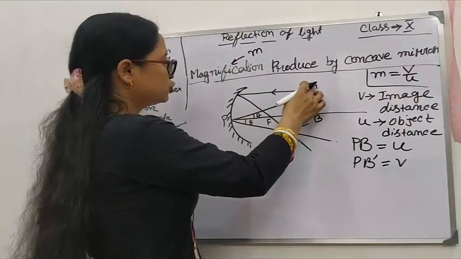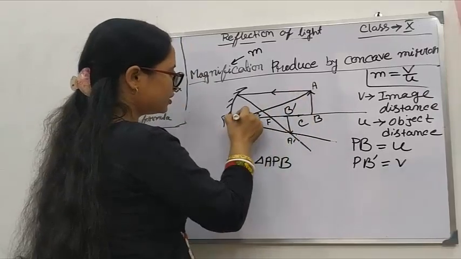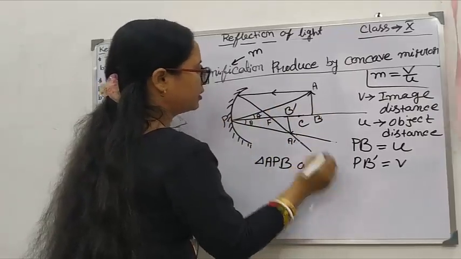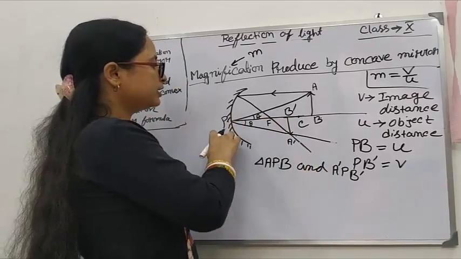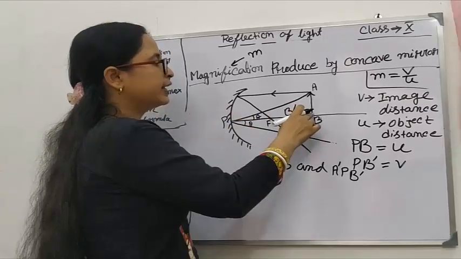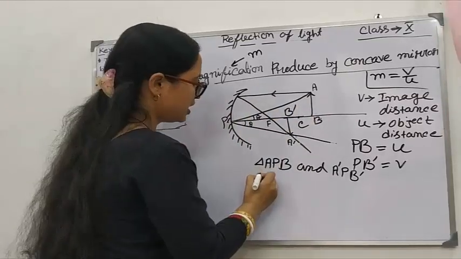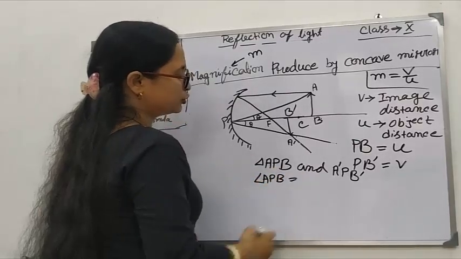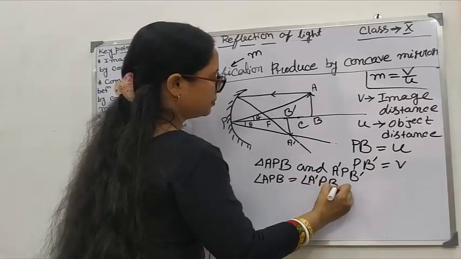Now we have to use a little knowledge of math here. Let us take these two triangles. Which one? A, P, B, this one, and A dash, P, B dash. You can see in that case the angle BPA dash and the angle BPA are equal from the rule of image formation. That means angle APB is equal to angle A dash P B dash.